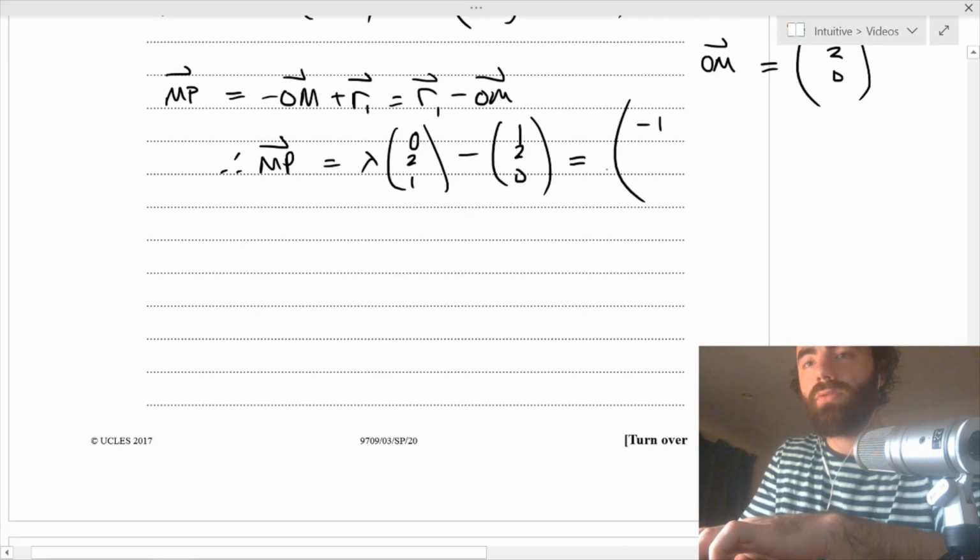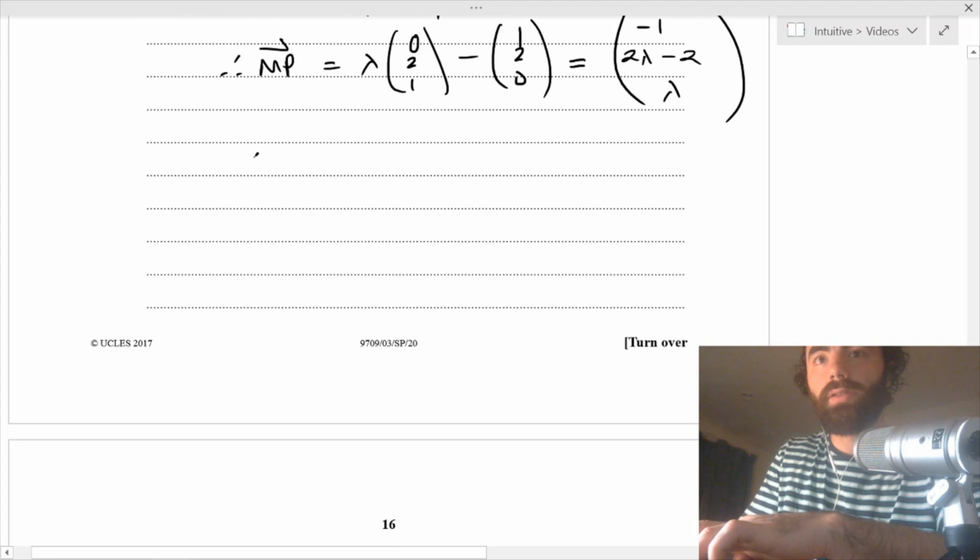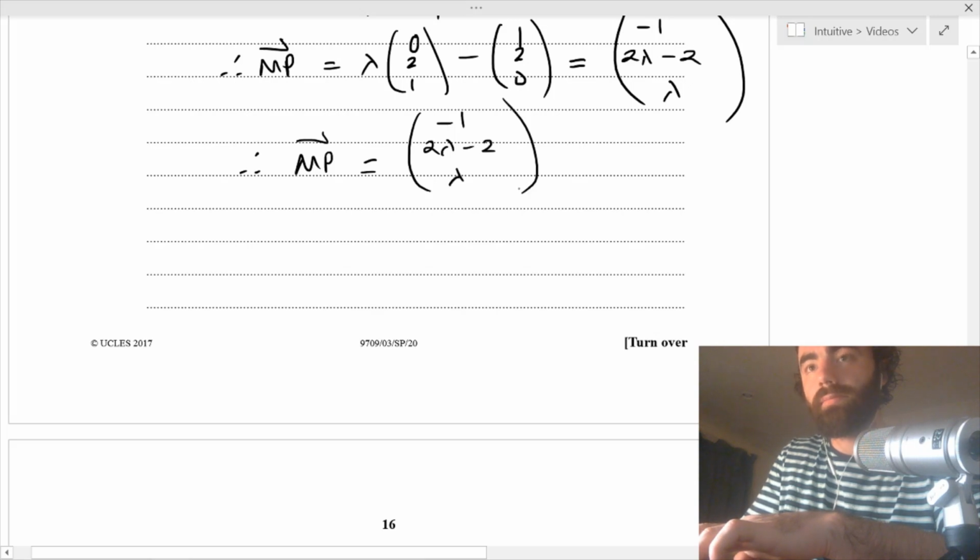And this will equal 2 lambda minus 2, and then lambda on the bottom. So therefore MP is equal to (-1, 2 lambda minus 2, lambda).